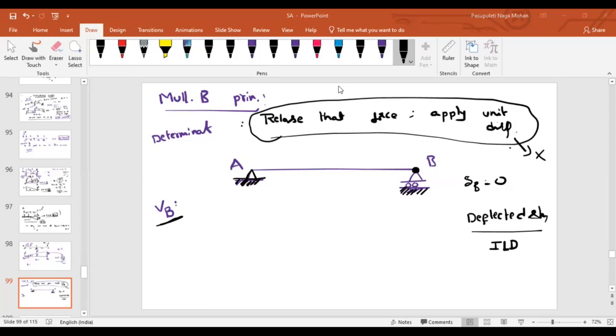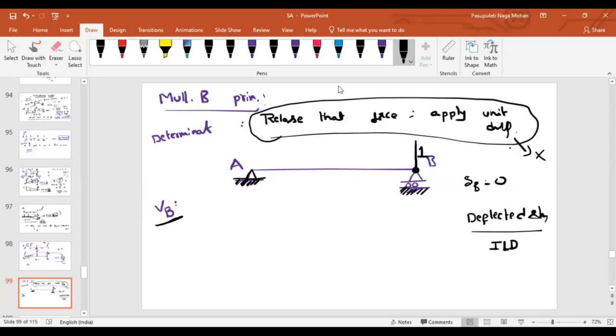So here, as I want to draw the vertical reaction at B, first of all, I should release that force. If I release that force and apply, let us say, unit displacement, how will this deflect?